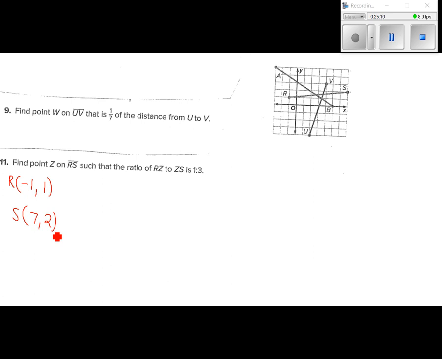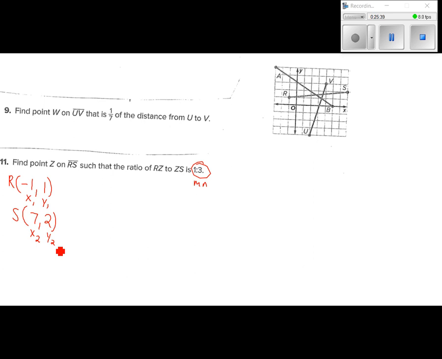This time we're doing a ratio instead of a fraction, so we're gonna use this one. N is your M, 3 is your N. So if I'm doing the X's first, let's label this. This is X1, that's Y1, that's X2, that's Y2.